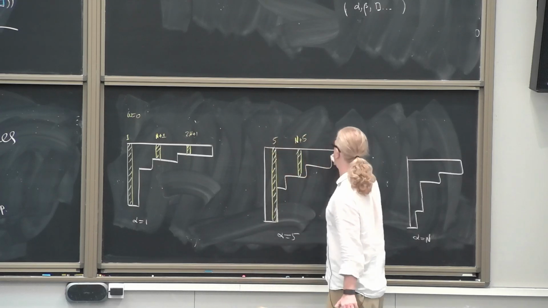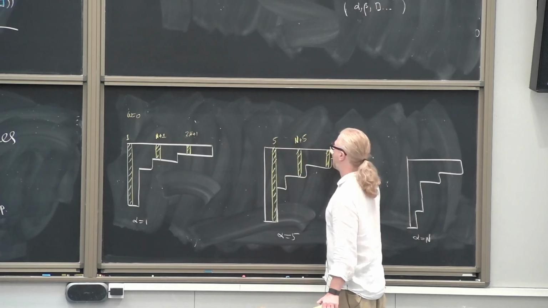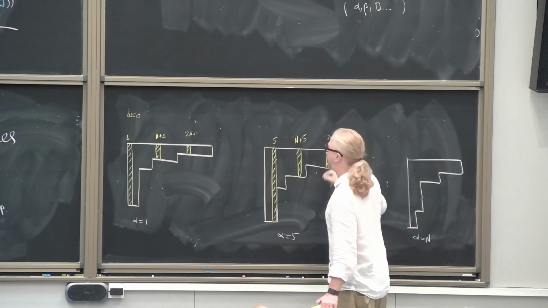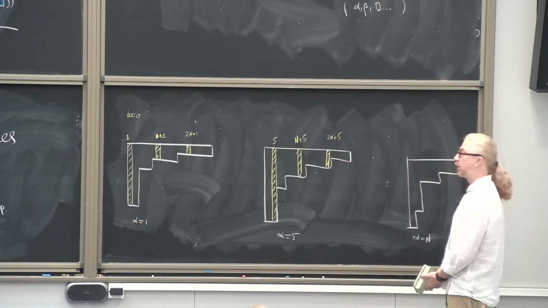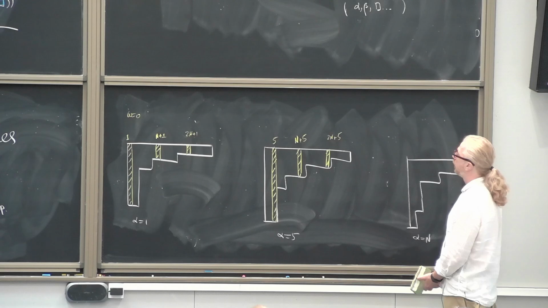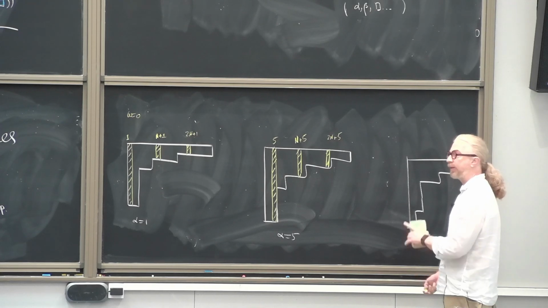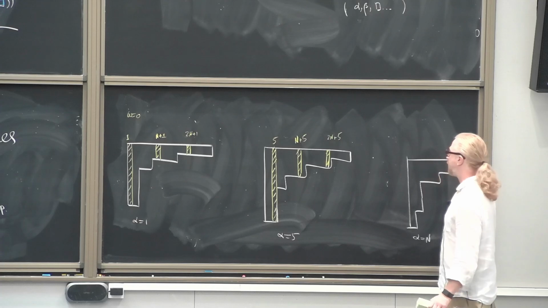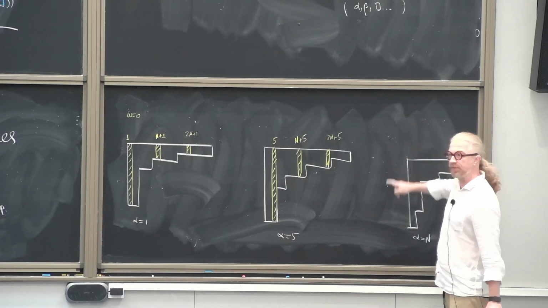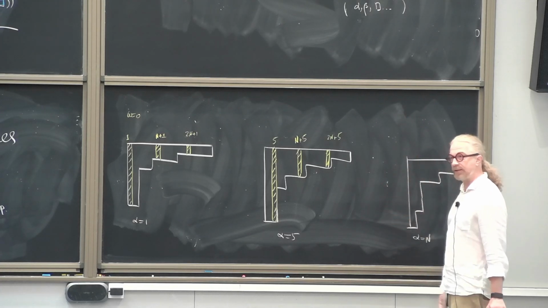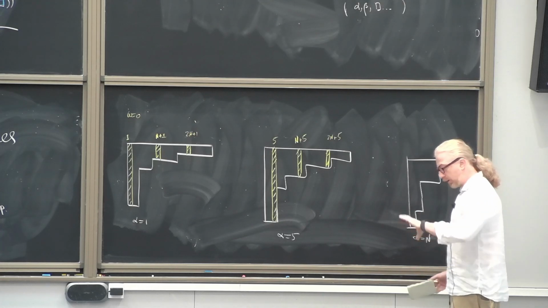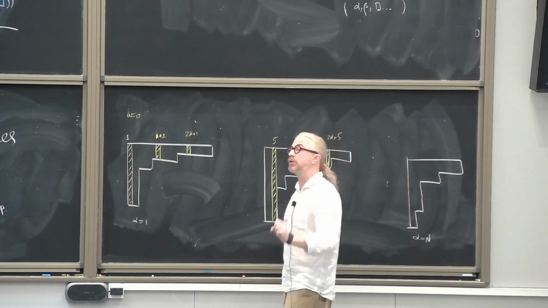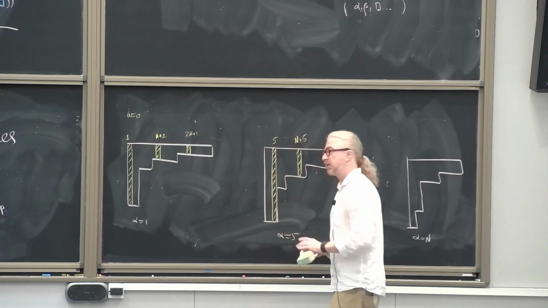Yes? Here you have an extra condition that they need to be sitting inside each other. Yes, we'll get there. I did not explain to you how to reconstruct the original sheaf from this collection of Young diagrams. These Young diagrams enumerate the fixed points on the new moduli space.